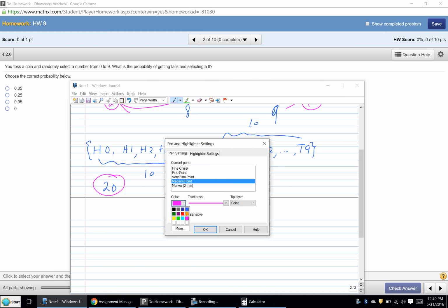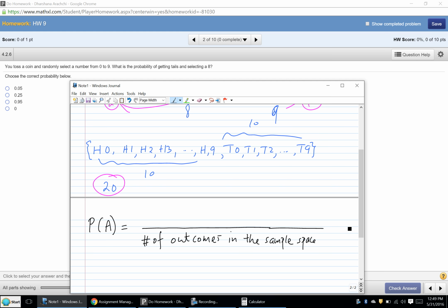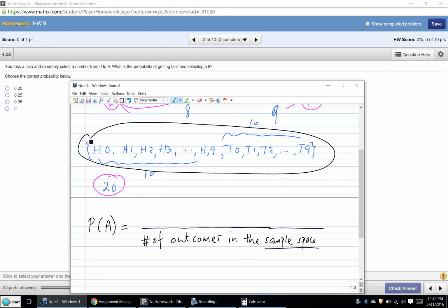So what's the theoretical probability? The definition of theoretical probability is: the probability of an event A equals a ratio, where the denominator is the number of outcomes in the sample space, and that's what we have found.